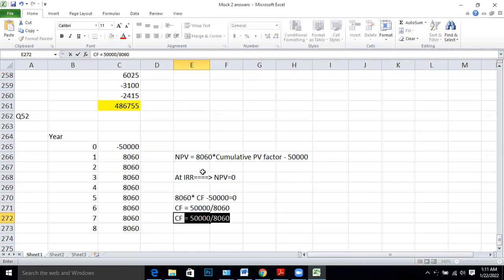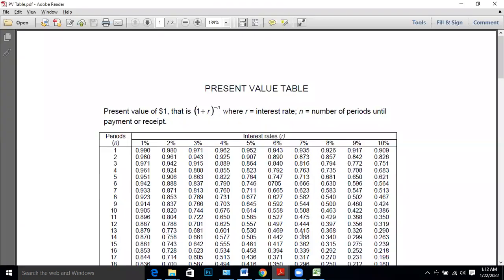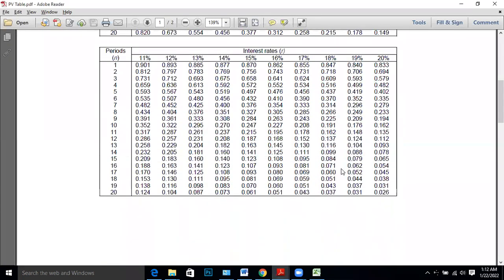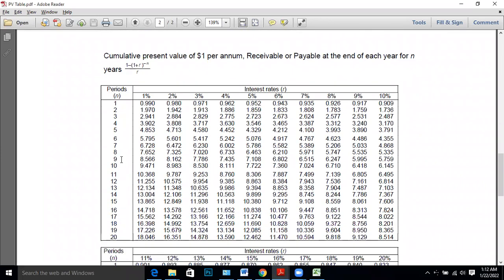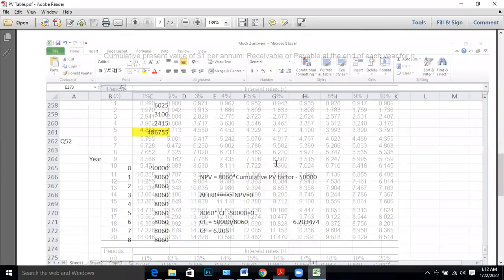Let's see, 50,000 divided by 8,060 is 6.203. The number of years is 8, but you don't know the percentage. Go to the PV factor table, move on to the cumulative PV factor, 8 years, I need 6.203.